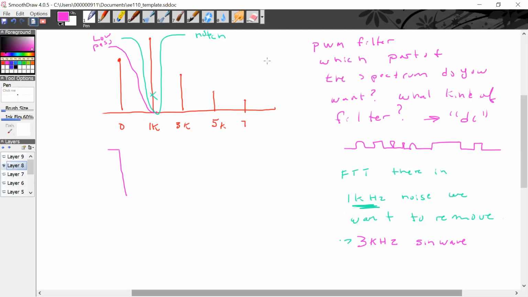I need this because I'm doing some kind of test in which I need a 3 kilohertz sine wave. Well, what do I want? This is what I want. How do I get it? Bandpass.